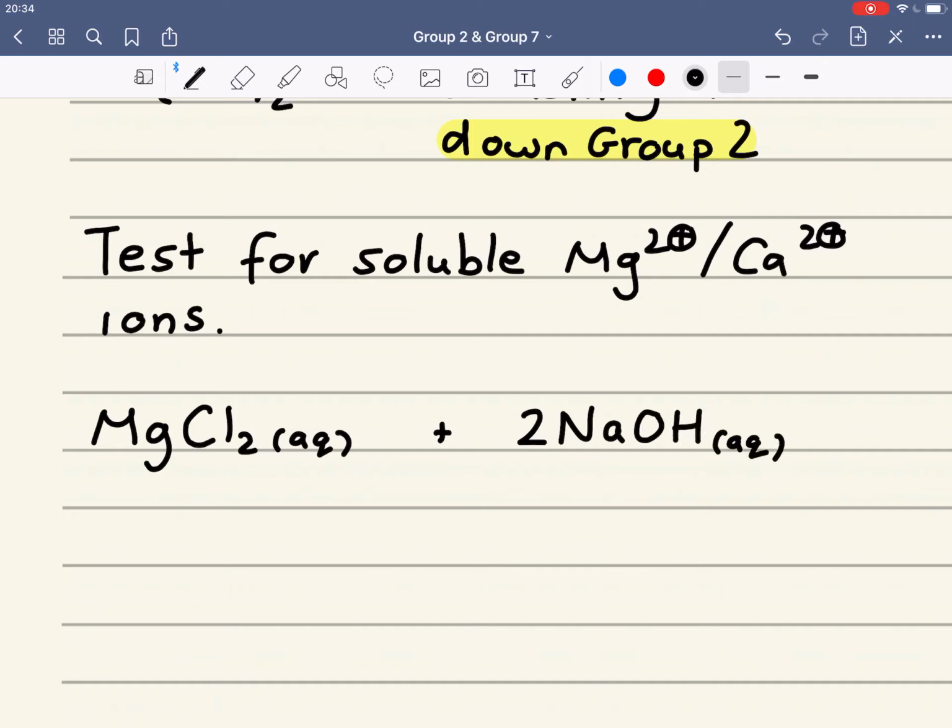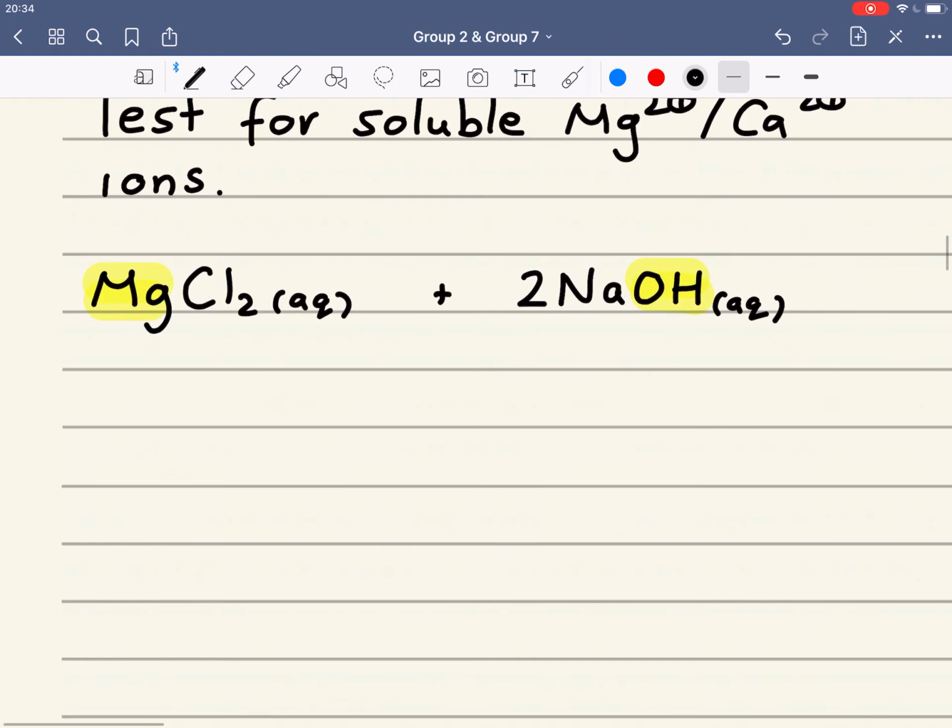What happens is once the magnesium ions in solution come in contact with the hydroxide ions in solution, they will join together to form the insoluble magnesium hydroxide.